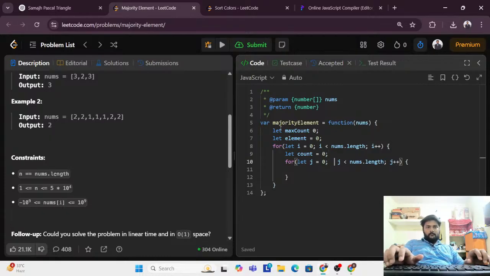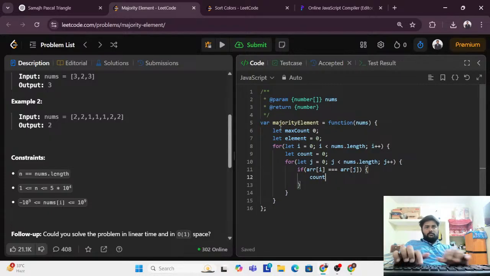I'll check if array of i equals array of j, I'll just increase the count, count++.